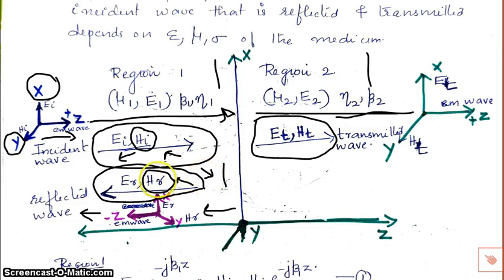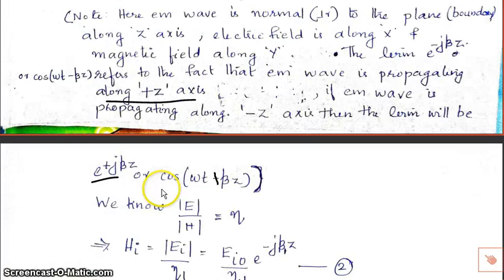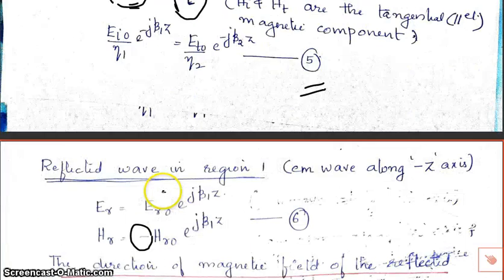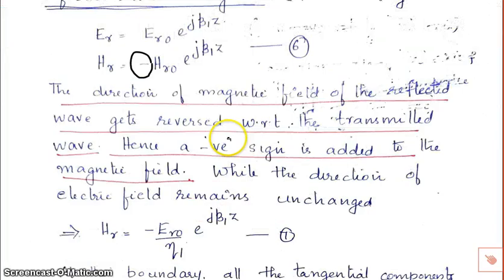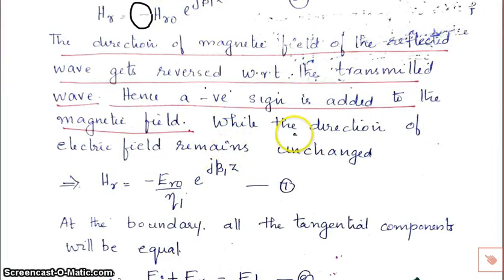So the directions of Hi and Hr are opposite to each other. That is why here we have taken a negative sign, Hr is equal to minus Hr naught e raised to j beta 1 Z. But the direction of electric field remains unchanged.